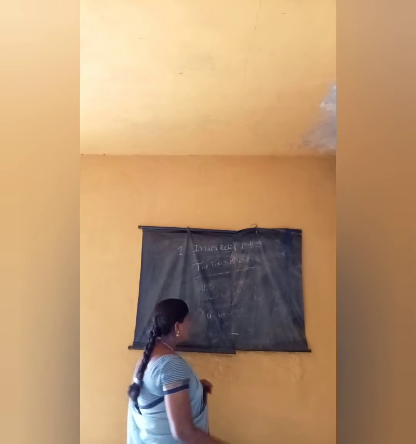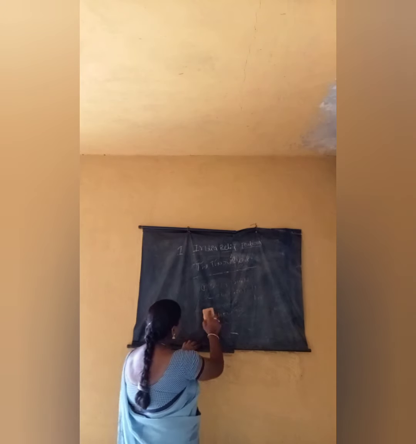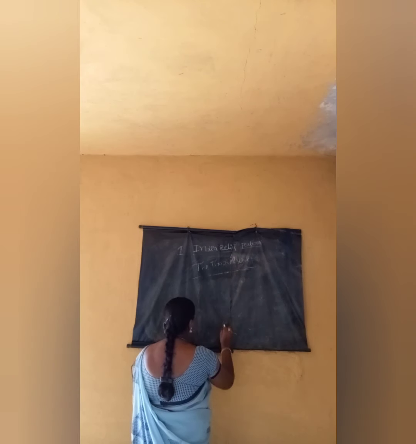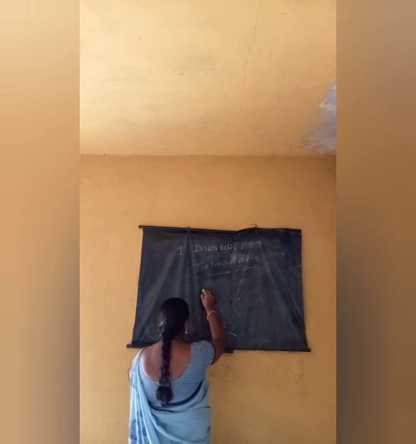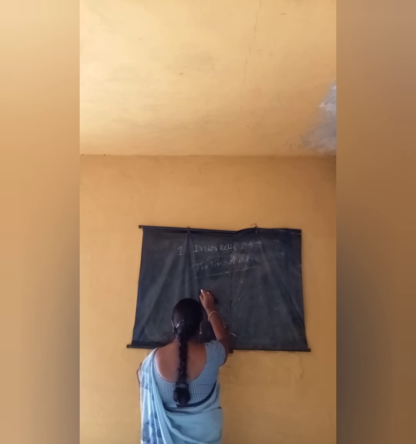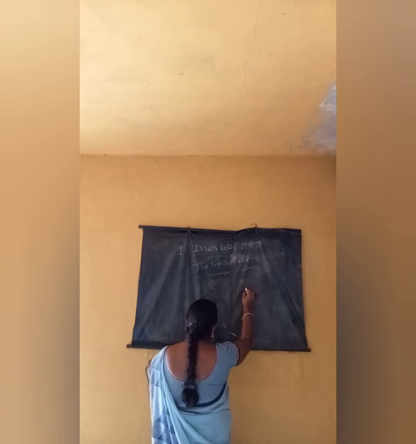The Thar Desert is located on the leeward side of the Aravalis. The Thar Desert is located in West Rajasthan.